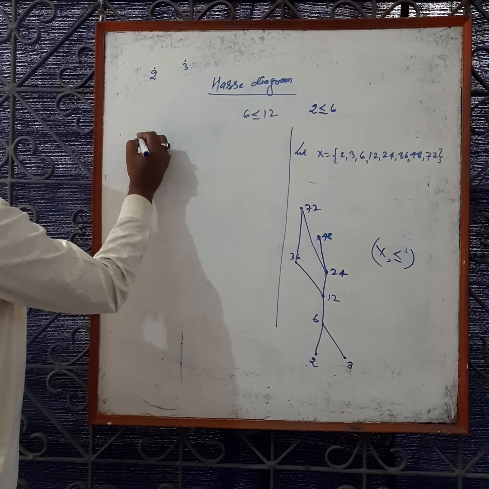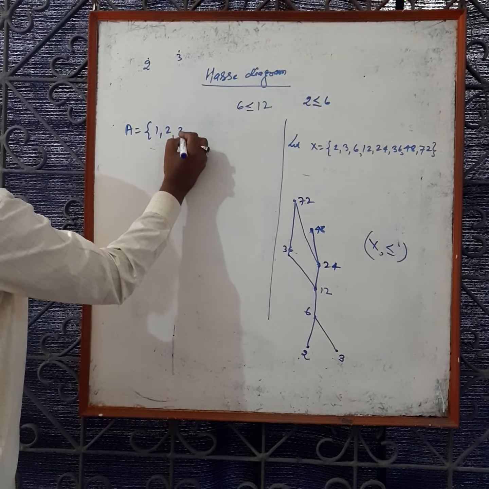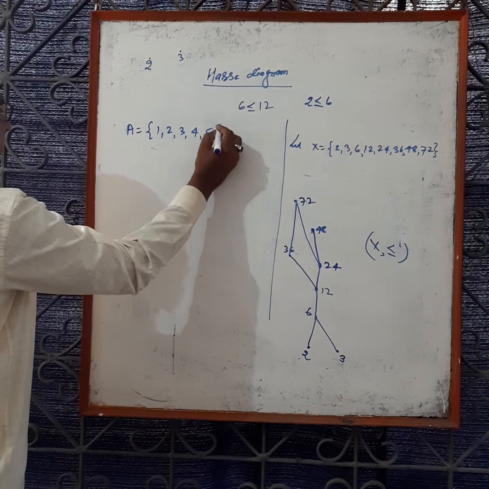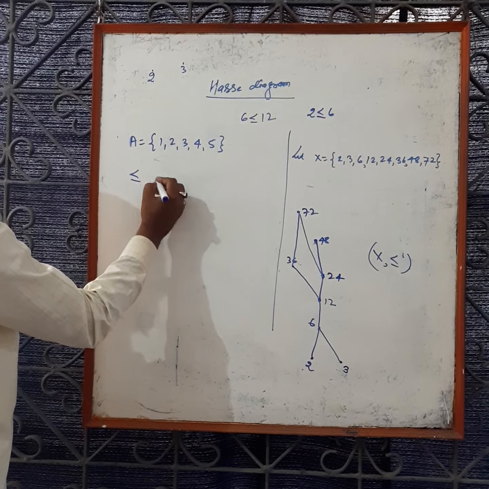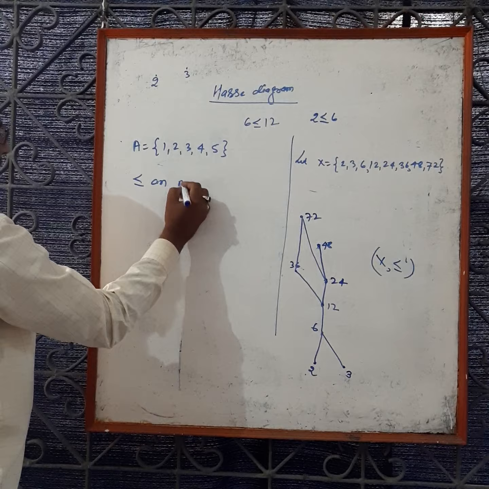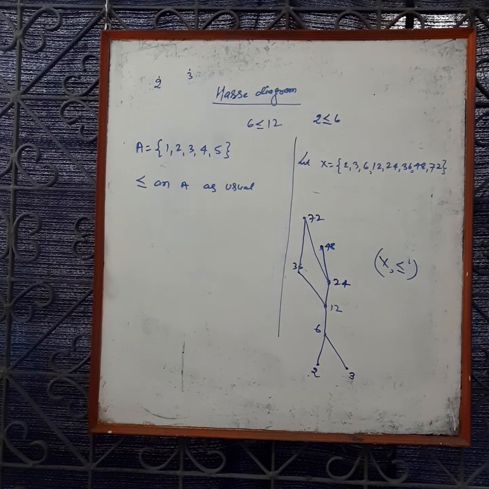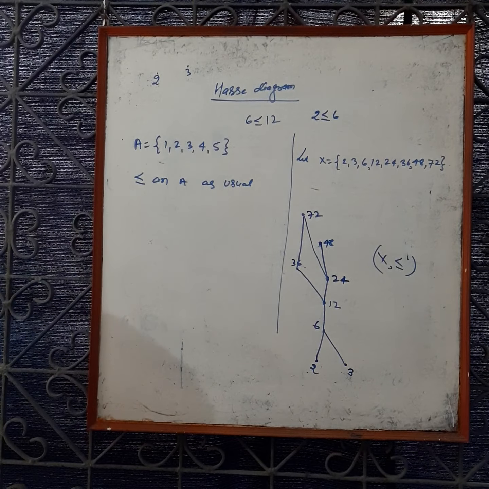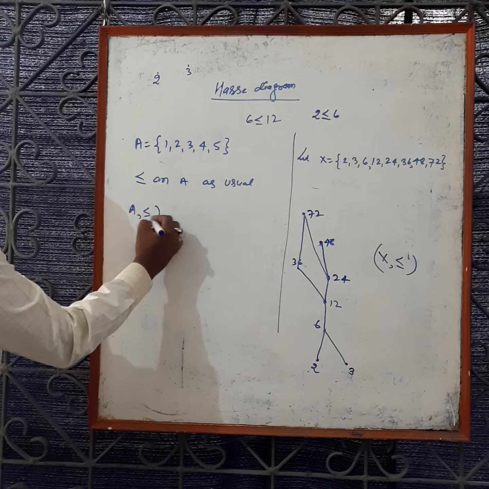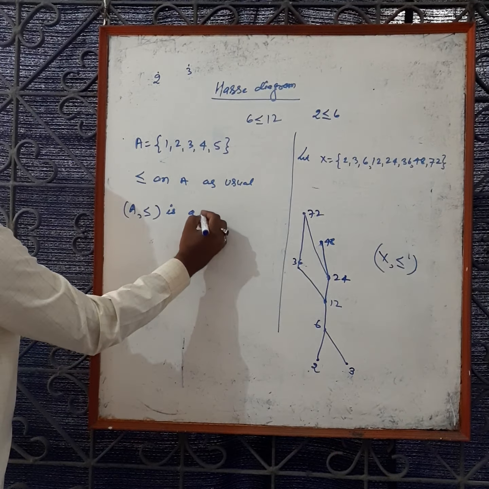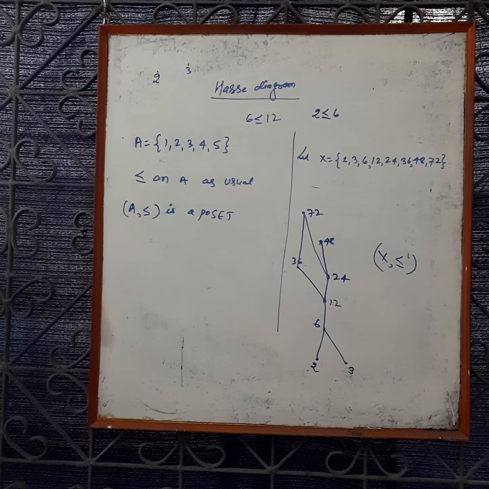If we take A equal to {1, 2, 3, 4, 5}, we define less than or equal to on A as usual. As usual means less than or equal to works as the ordinary less than or equal to. Then clearly (A, ≤) is a poset because it satisfies reflexive, antisymmetric and transitive properties.